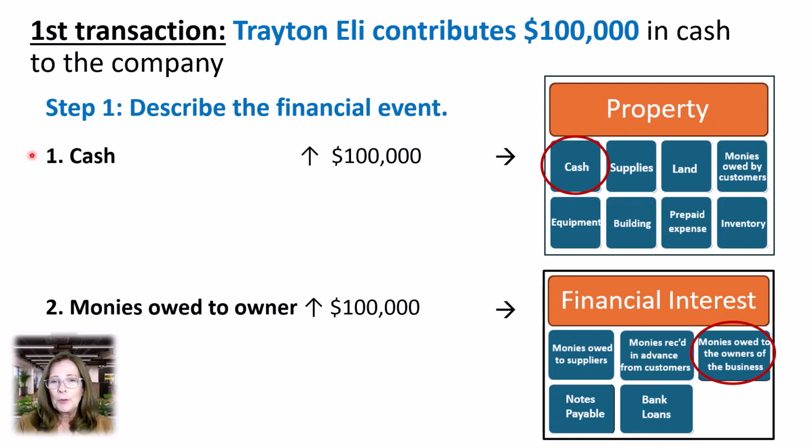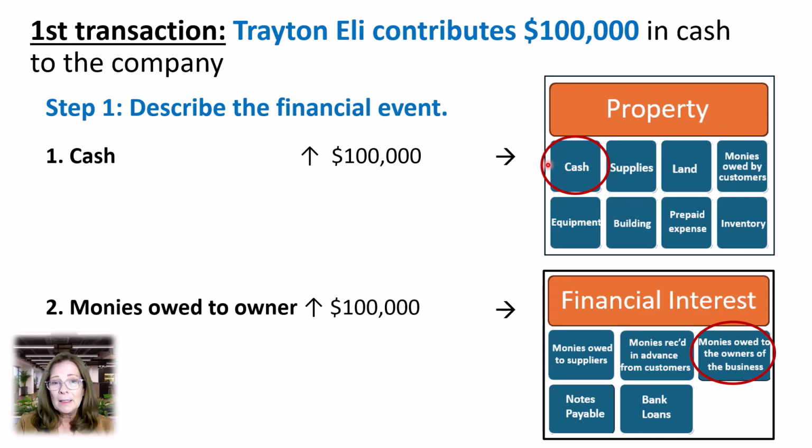Next, we'll need to figure out what kind of account cash is. Is cash something the company owns, meaning property, or is it something the company owes, meaning financial interest? We can see that the account cash is listed as one of the accounts that is part of property. That means cash increased by $100,000. Cash is a property account because it is property that the company owns.